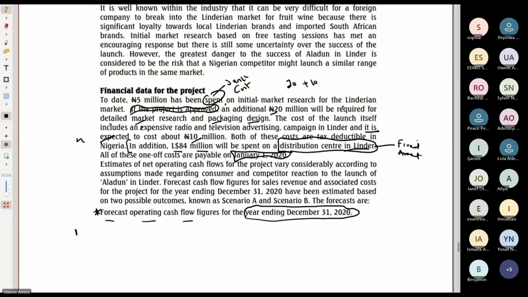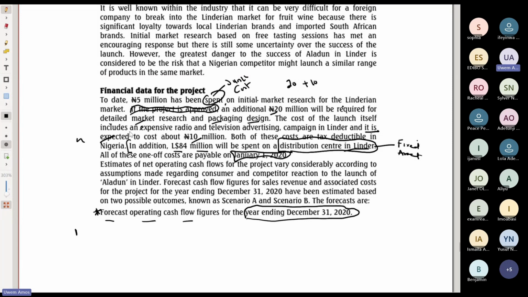Okay. It mentions here, to date, 5 million has been spent on initial market research for the Nigerian market. So that's a sunk cost. That's not relevant for our decision. We're talking about what you need to incur to start up after that. If the project is approved, an additional 20 million will be required for detailed market research and packaging design, which is a relevant cost.